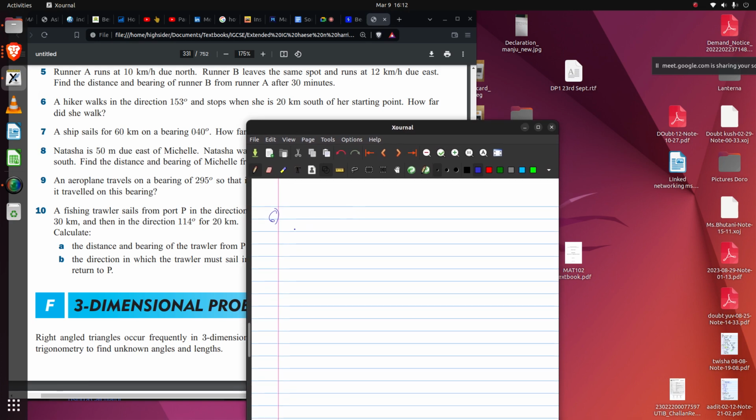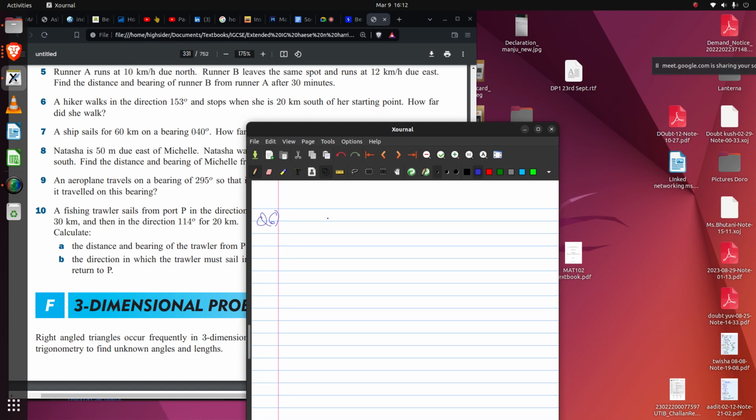So this is your question, number 6. Is it fine if I draw the diagram also?